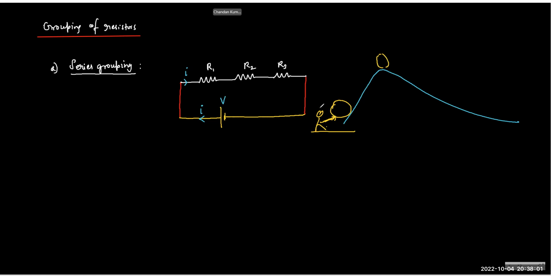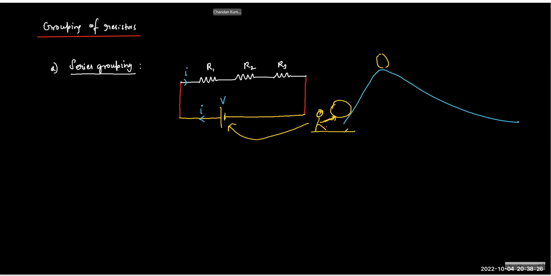So this is the role of the cell. So in a circuit, the cell's role is to push the charge from low to high potential. But in the rest of the circuit, the charge will go from high to low potential. Okay, so the role is different.